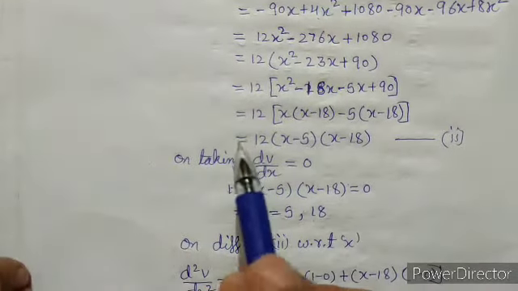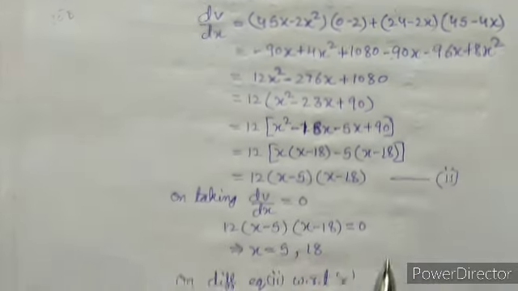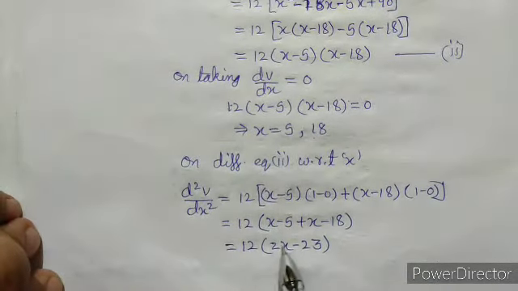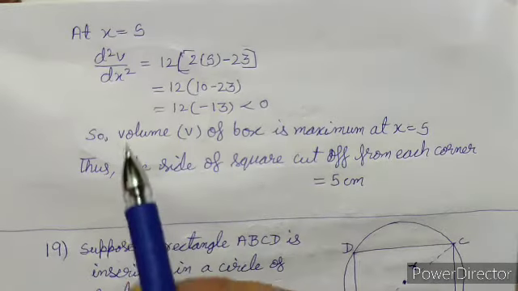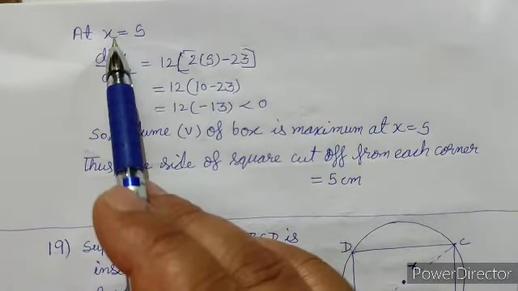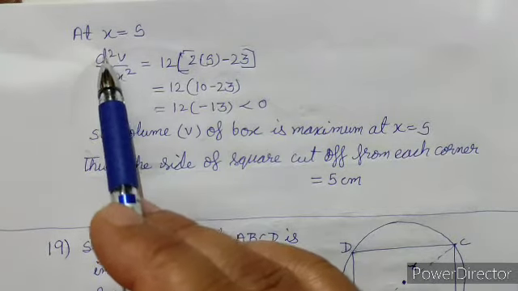Now on differentiating this dV by dx again with respect to x, we will get d2V upon dx square as 12 into (2x minus 23). We will put the value of x obtained in the double derivative.